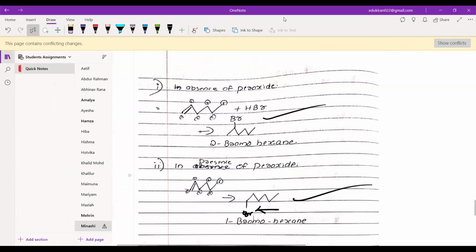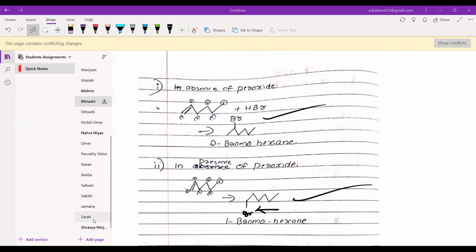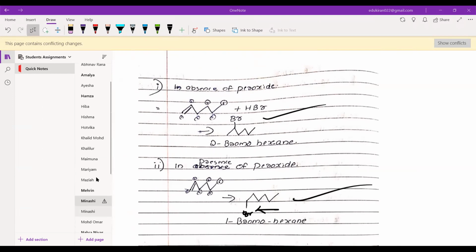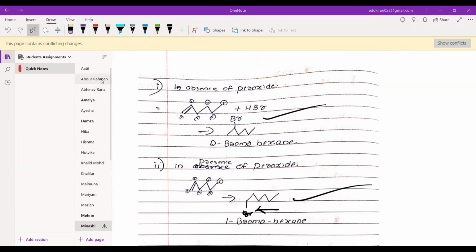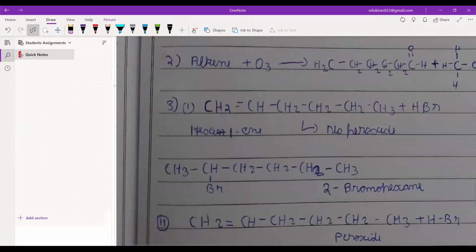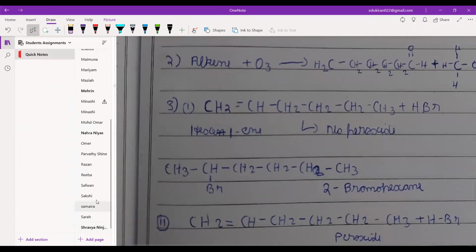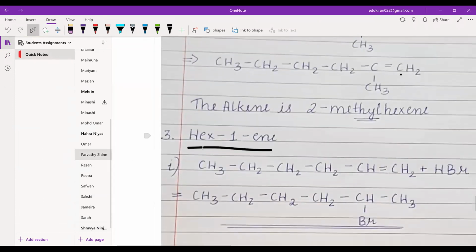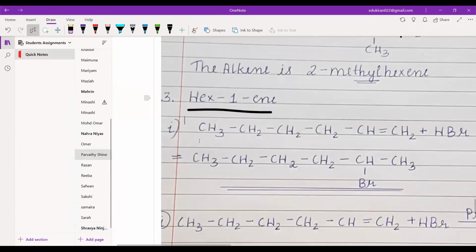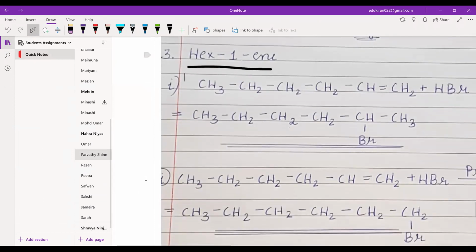Is there anyone else? No. Raise your hand if you have submitted the assignment and I have not checked that. I have to check up. Parvati, didn't we check yours? It was yours, wasn't it? Sorry, I heard wrong.